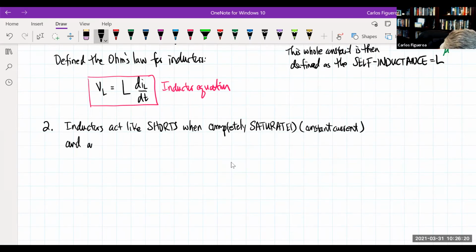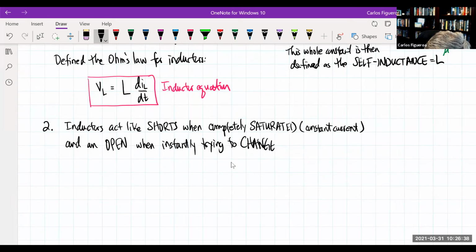And an inductor acts like an open when instantly trying to change current.